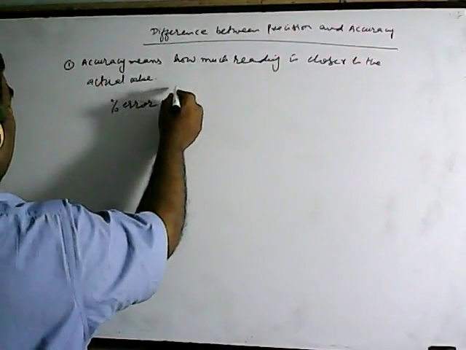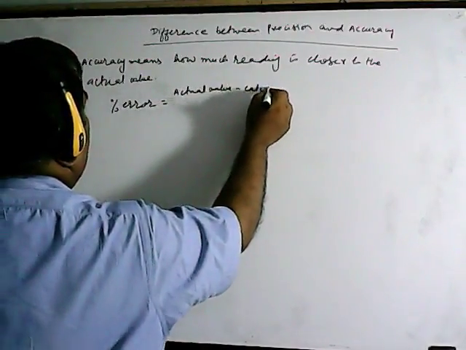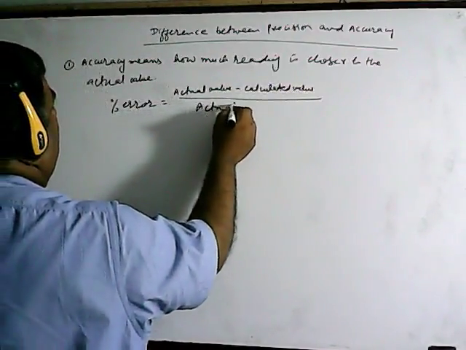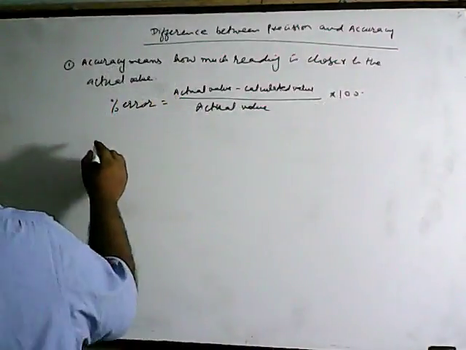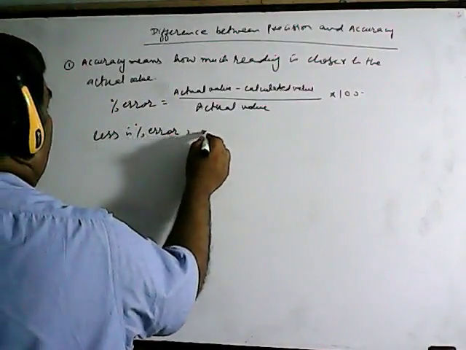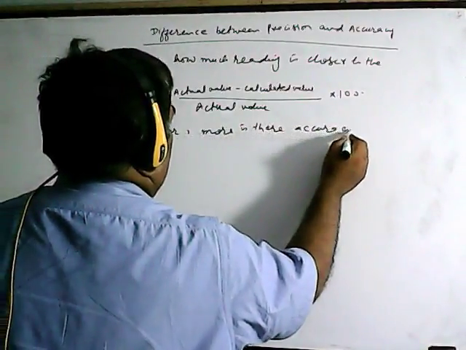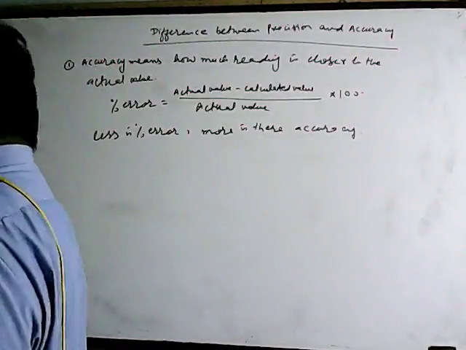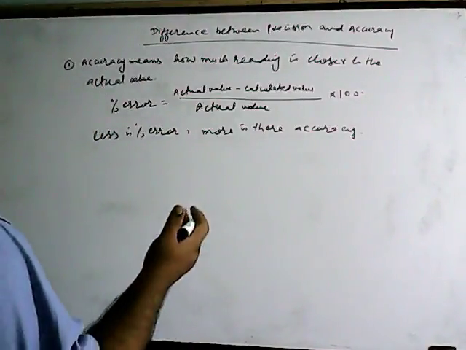Percentage error is the actual value minus the calculated value, divided by the actual value, times 100. The smaller the percentage error, the greater the accuracy. So accuracy is concerned with the exact value. The readings can be widespread, but if the actual or average value comes closer to the true value, that is the accuracy.